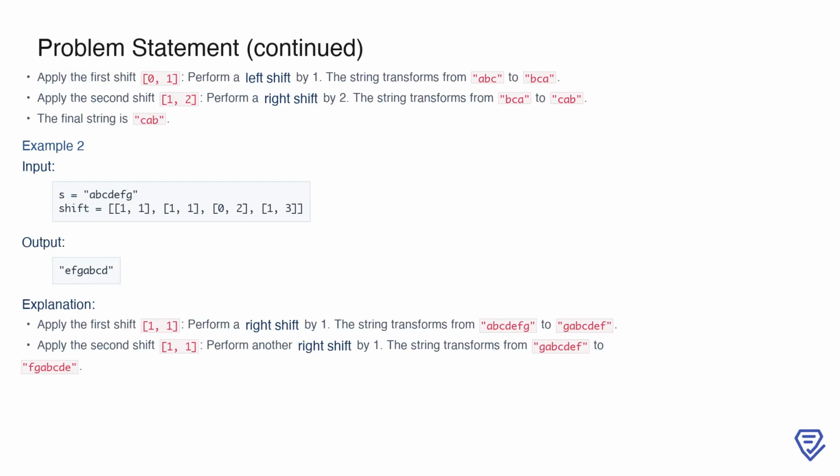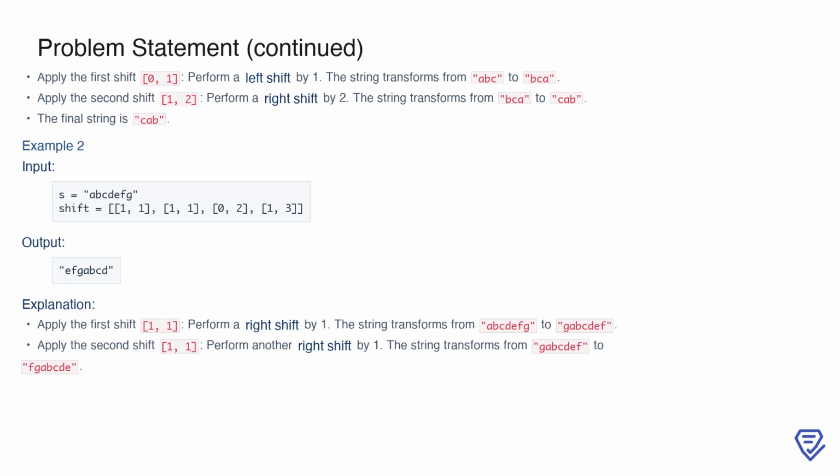Another example involves the string s equals abcdefg and the shift array [[1,1],[1,1],[0,2],[1,3]]. The output here is efgabcd. First, applying the right shift 1, 1 moves the last character g to the front, changing the string to gabcdef. Repeating the right shift 1, 1 moves the new last character f to the front, resulting in fgabcde.